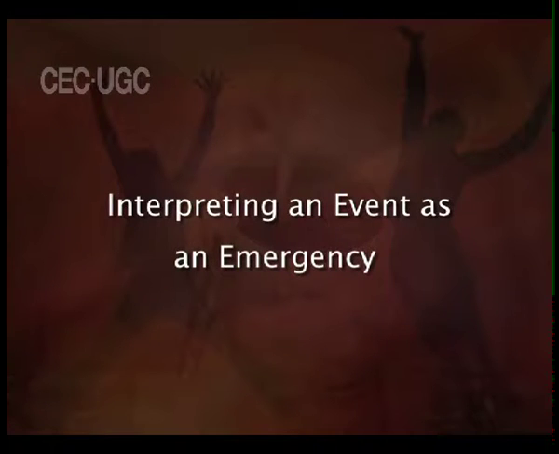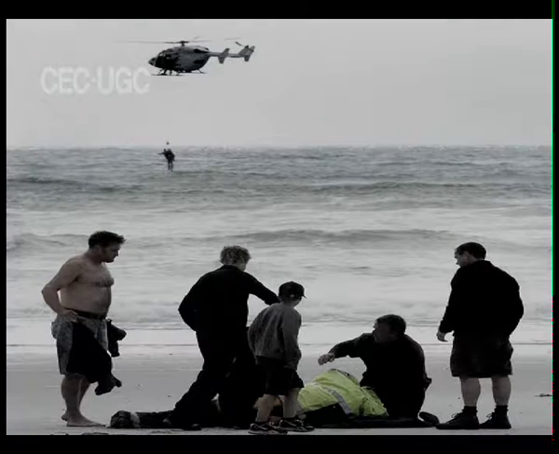Second step, interpreting an event as an emergency. Once the person has noticed the event, he has to interpret that particular event as something that is calling for emergency or urgent action. This interpretation will then make him move toward extending help, but here too, when there are other bystanders, he will not understand the level of seriousness involved in the situation quickly.